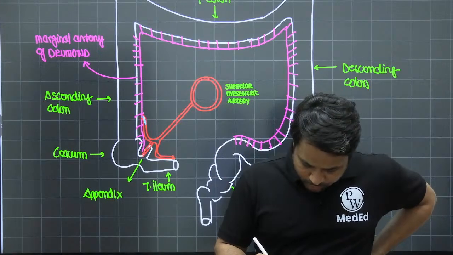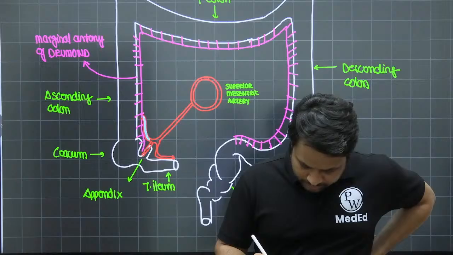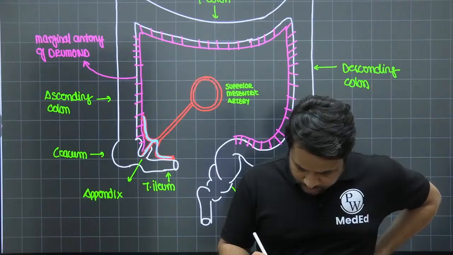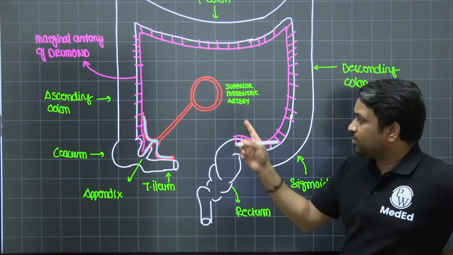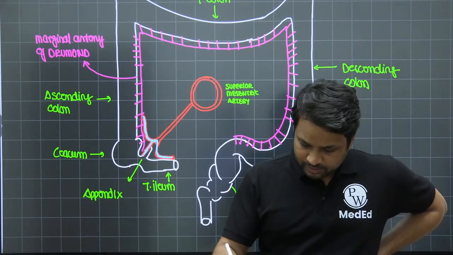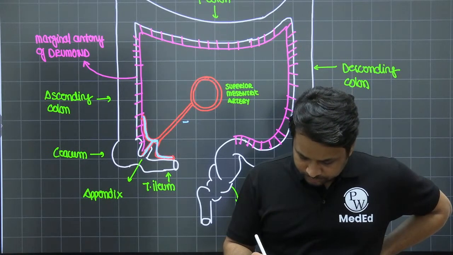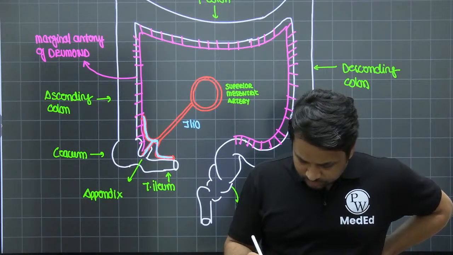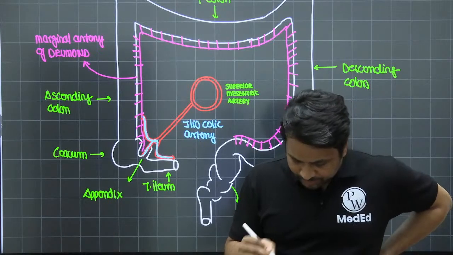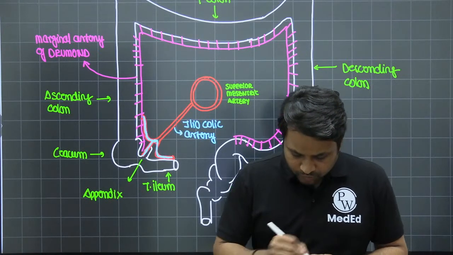This is your ileocolic artery. Now, the appendicular artery is a branch of your ileocolic artery.